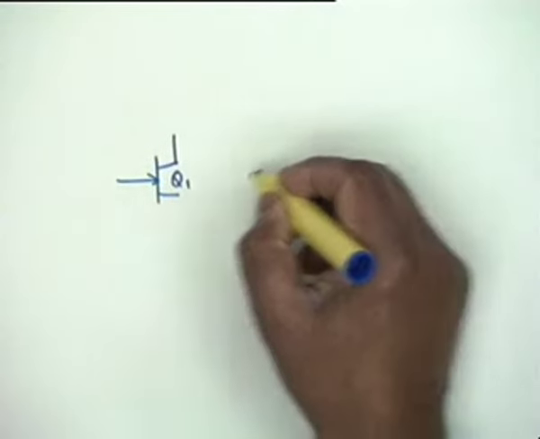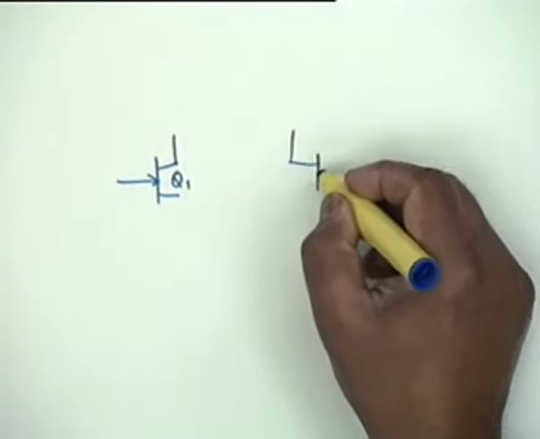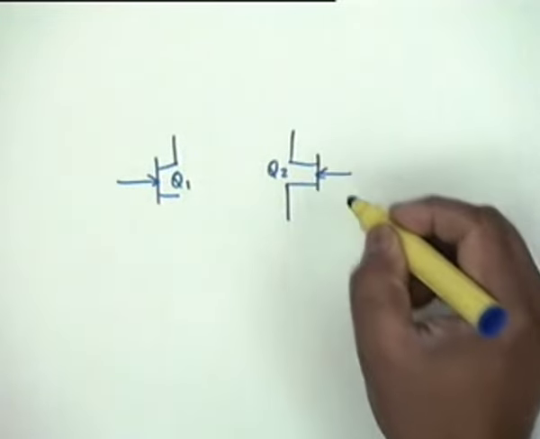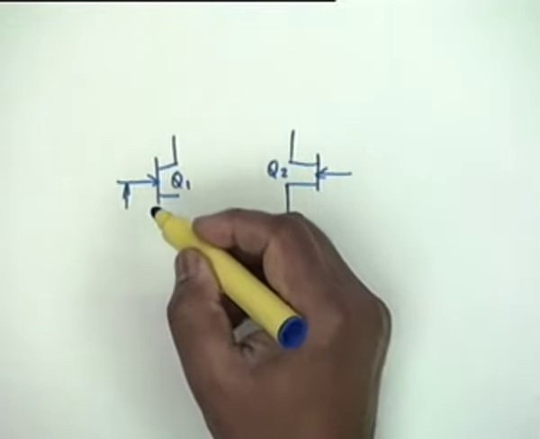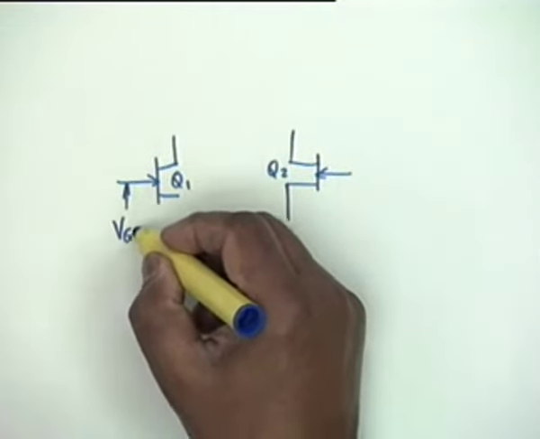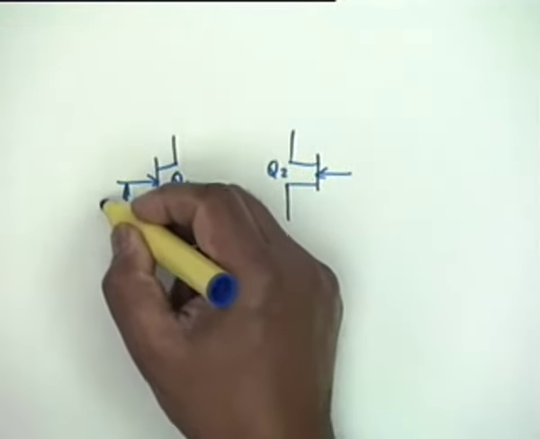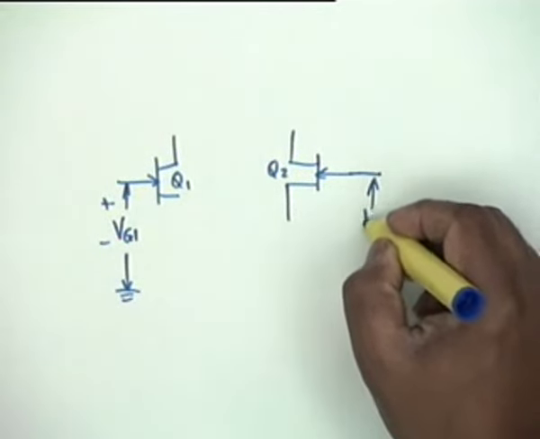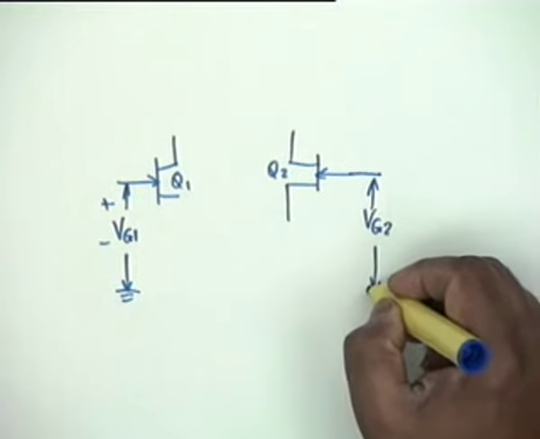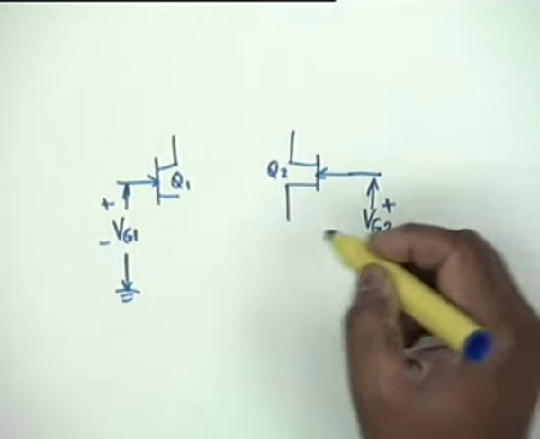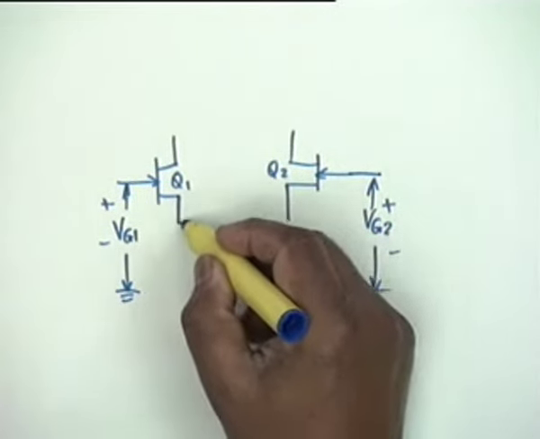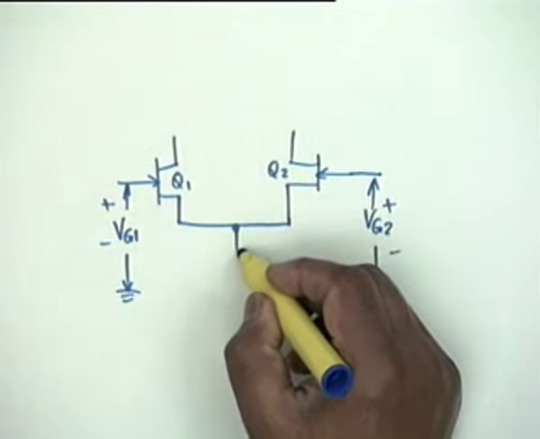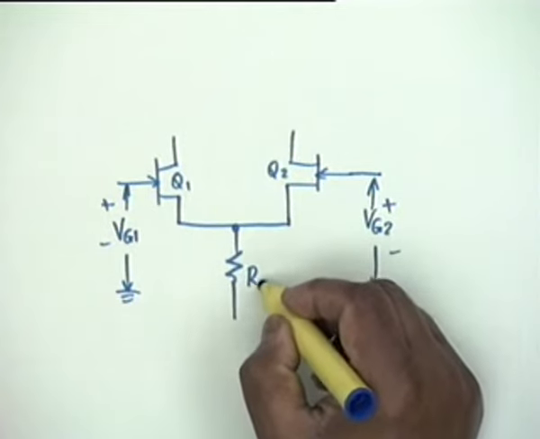initial part, Q1 and Q2. This voltage is VG1 and this voltage is VG2. The two sources are connected together, S1 and S2, and they are connected to a resistance R sigma.